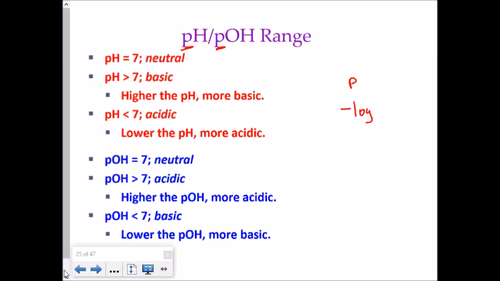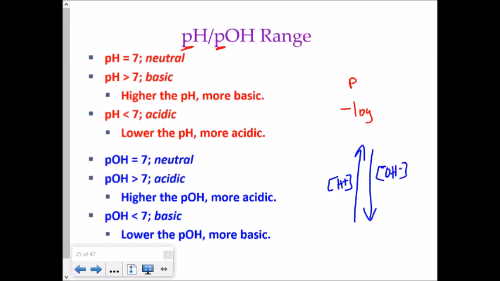But the higher the pOH, the more acidic you are, the lower the pOH, the more basic you are. So it's kind of a reverse of the hydrogen scale. But it does kind of make sense if you think about it. If you're right here, this is the hydrogen side.